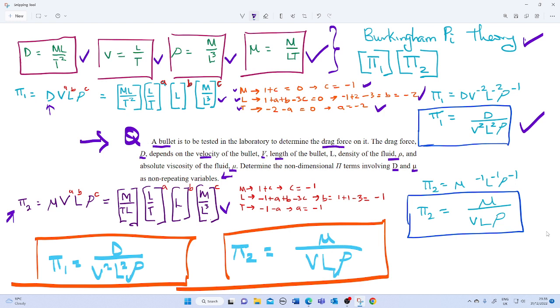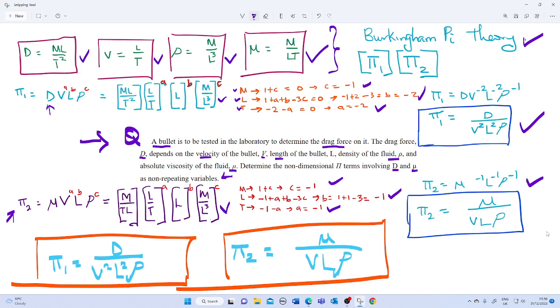Also, our M equals negative 1, our L equals negative 1, and our T equals negative 1. So our pi 2, since mu, the viscosity, is non-repeating, becomes this particular value. From there, our pi 2 equals mu over V L rho.